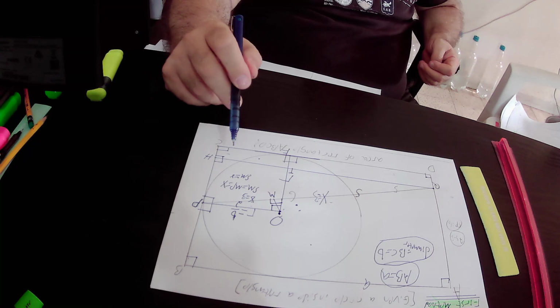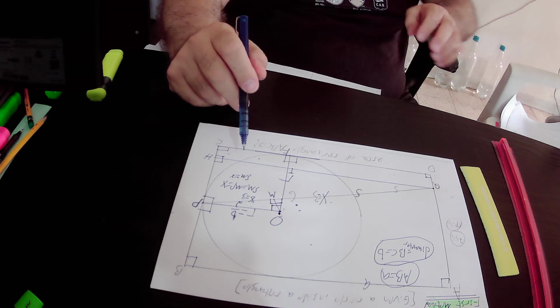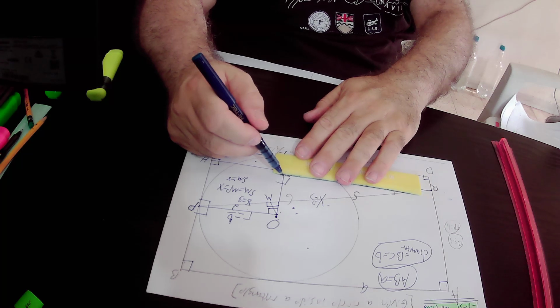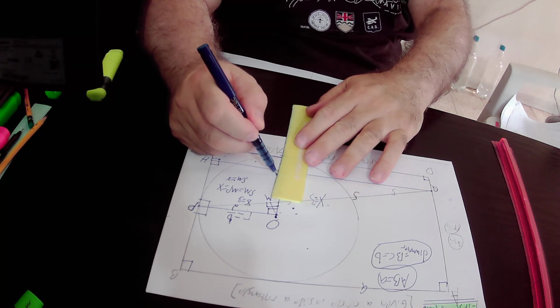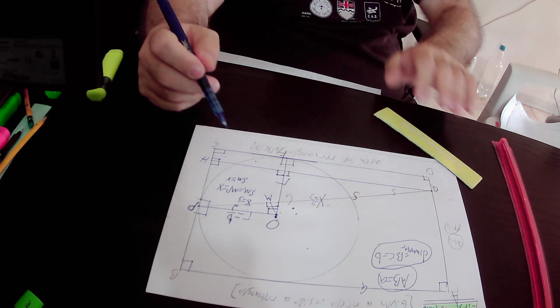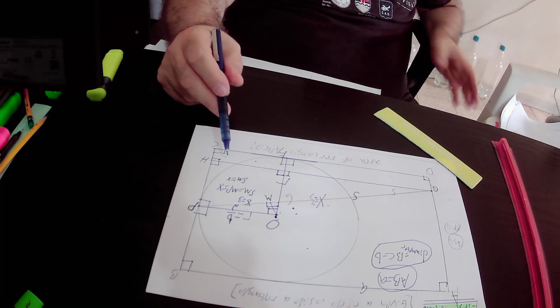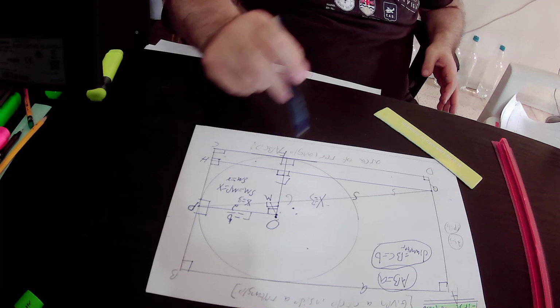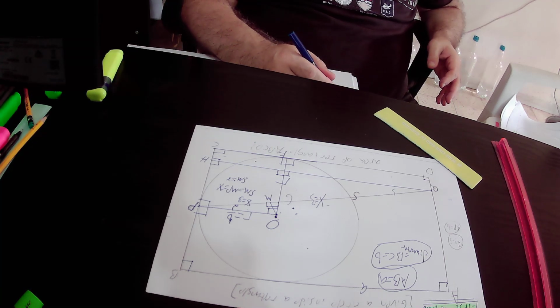So any quadrilateral that has 3 right angles, the fourth angle must also be a right angle. So inside quadrilateral QPTH, we have 4 right angles, and any quadrilateral that has 4 right angles must be at least a rectangle, if not a square. So we will relate to quadrilateral QPTH as a rectangle.